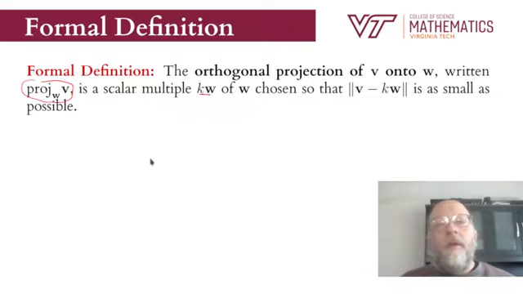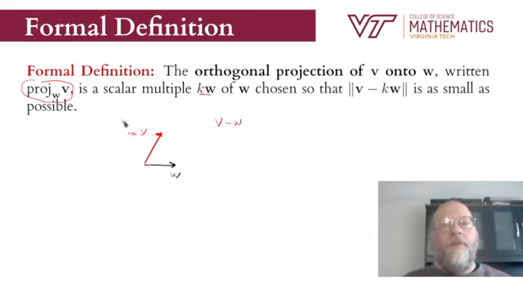So if this is the vector W and this is the vector V, well, the vector V minus W is the same as V plus negative W. So negative W would be pointing in this opposite direction.